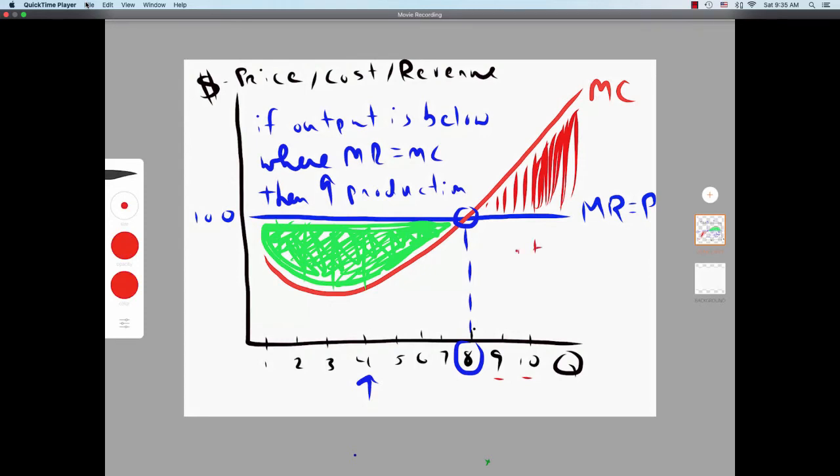If output is above that, though, if output is greater than where marginal revenue equals marginal cost, then you should reduce your production because you're losing money for every unit that you sell.